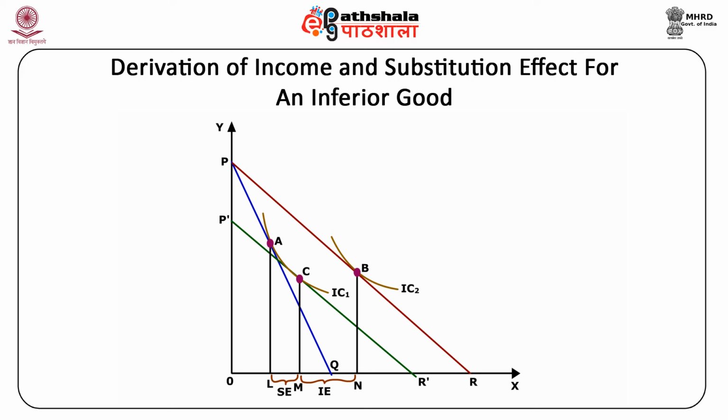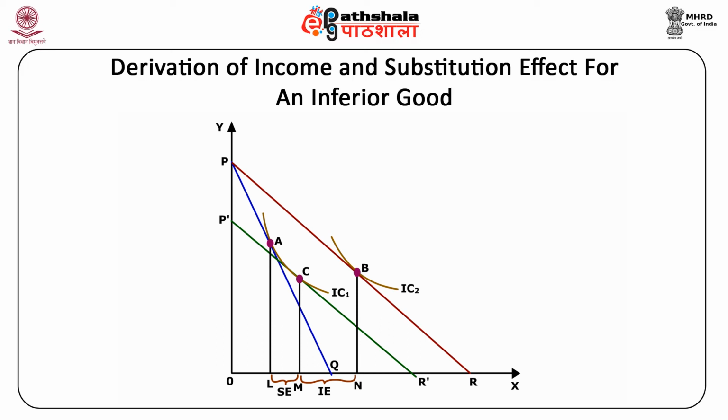In this case, the substitution effect Lm is opposite in sign and greater in magnitude compared to the income effect Mn, so that the total price effect is positive.